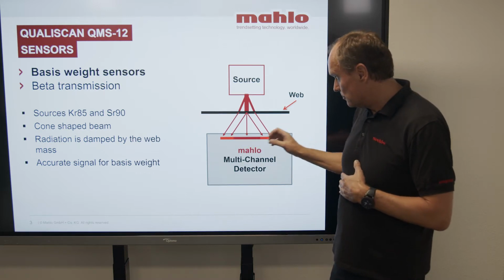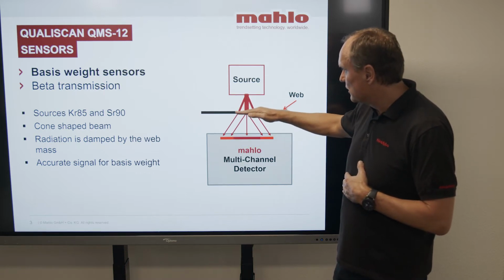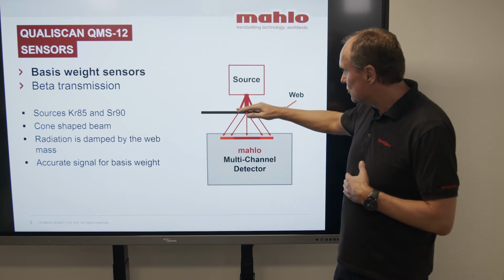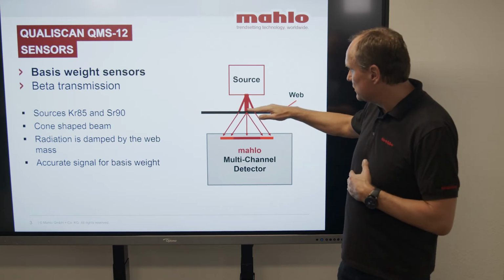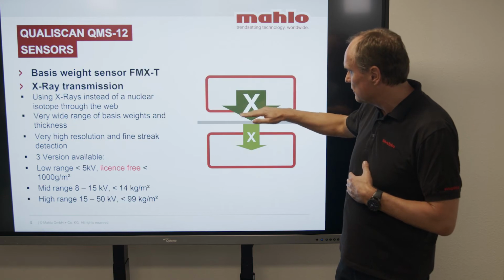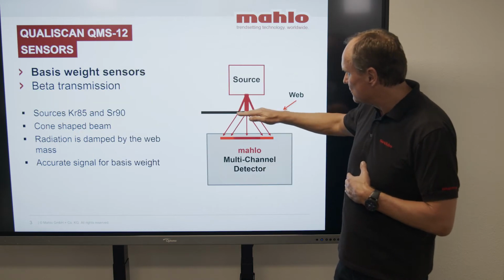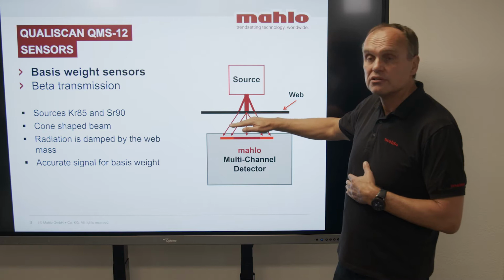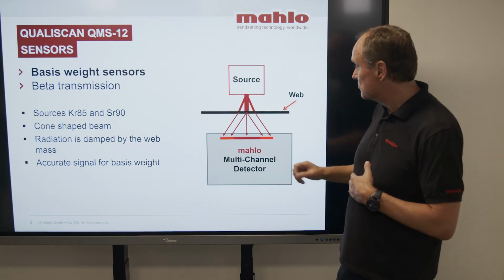A simple detector would get disturbed by this effect, which leads to a different measurement if the web is changing its position inside the gap.